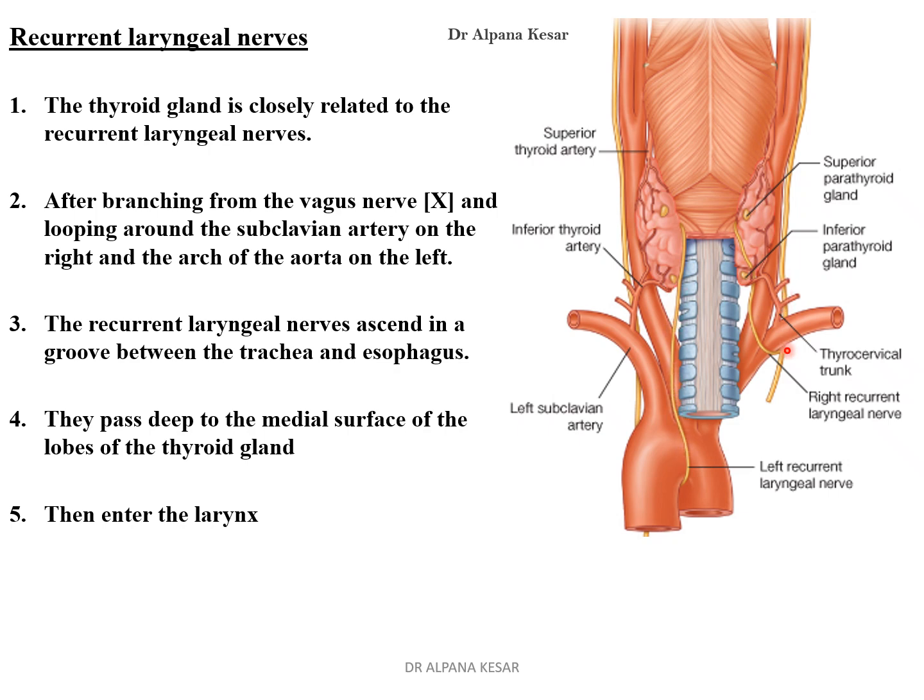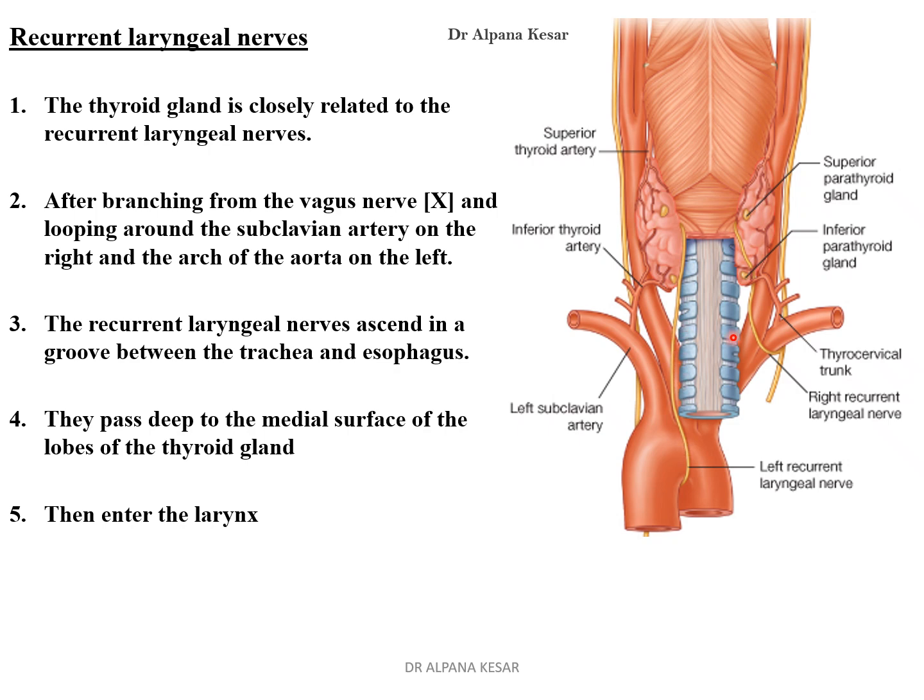The right recurrent laryngeal nerve arises from the right vagus and then it loops around the right subclavian artery to ascend up, while the left recurrent laryngeal nerve arises from the left vagus nerve and it loops around the arch of aorta and ascends in the neck.